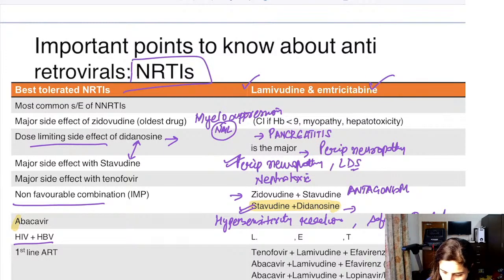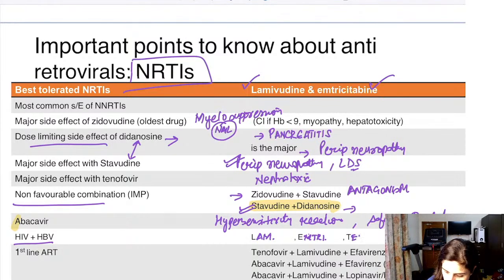So L stands for lamivudine. E stands for emtricitabine.